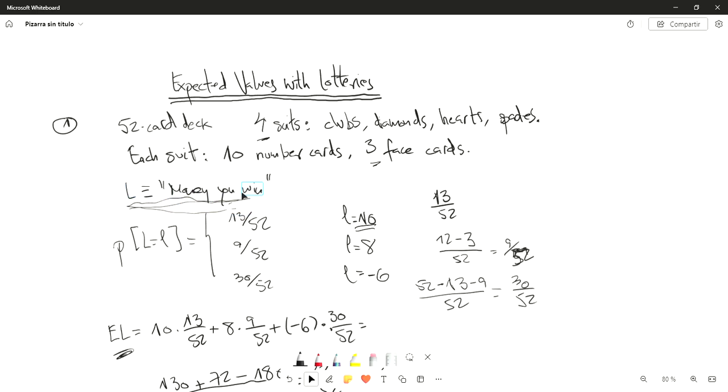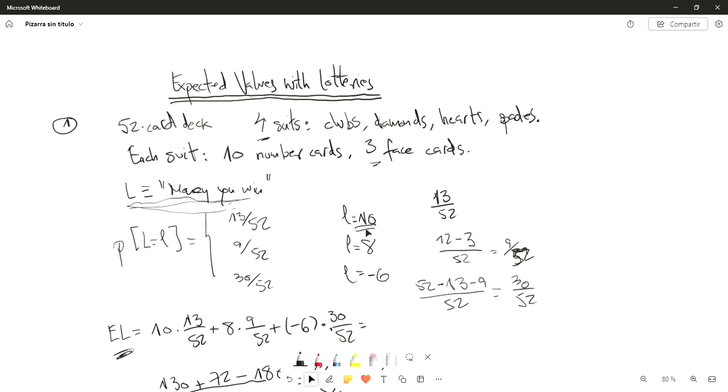Okay, so if the variable is the money you win, the probability function for this specific variable will be 13 over 52 if L is equal to 10, because they told us that if you pick a heart, you will win $10.